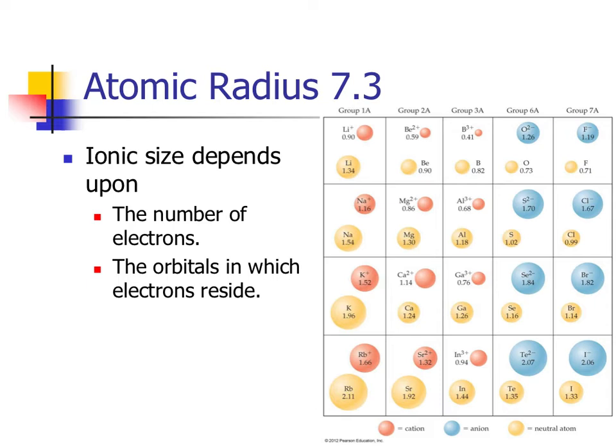As we look at the general trend for the neutral atom, it gets smaller as we go from left to right. And when you start losing electrons, the same thing happens. Now, when you're gaining electrons, the same trend happens, that oxygen is bigger than fluorine. As we go down, the atomic radius also gets bigger for the ions, whether they lose electrons or gain electrons.